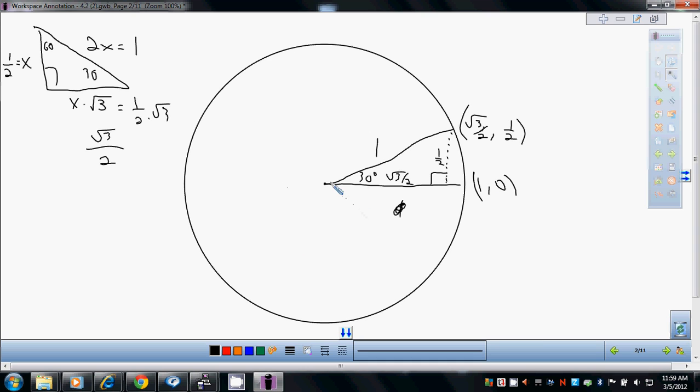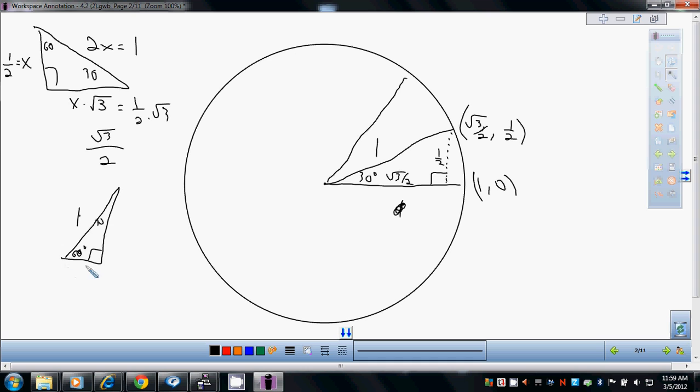What if I went to 60 degrees? Way up here. This is now a 60-degree angle. I'm going to draw it over here where it's a little clearer to see. 60, 30, and here's my angle right here. We'll call this the reference angle. The reference angle is the angle that connects with the x-axis. So, this is still 1.